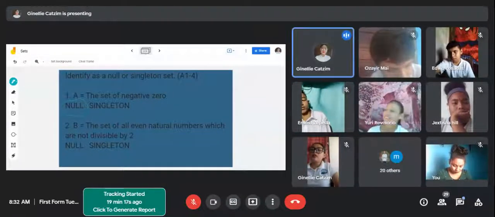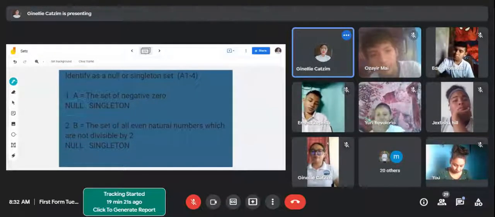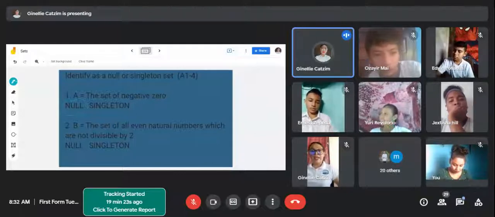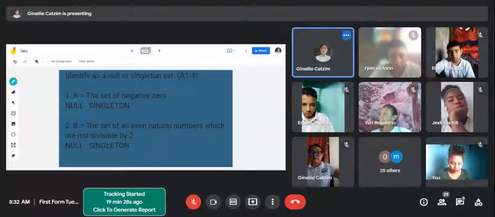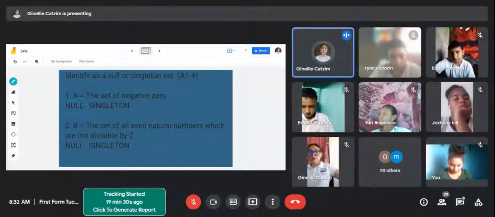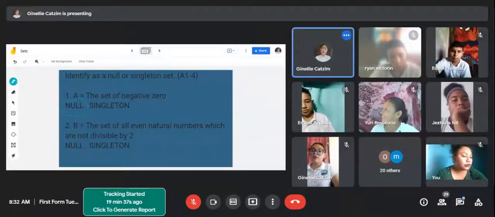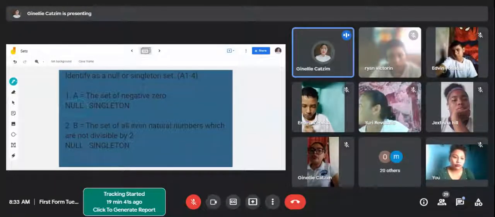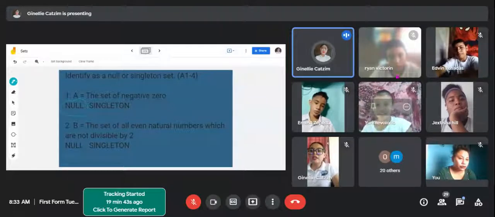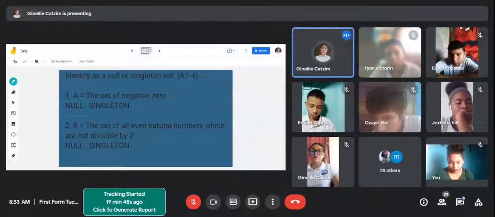Okay, what do we know about even numbers? Any even number can be divisible by 2, right? That's what characterizes an even number. So the set B is the set of all even natural numbers which are not divisible by 2. So even numbers are divisible by 2.